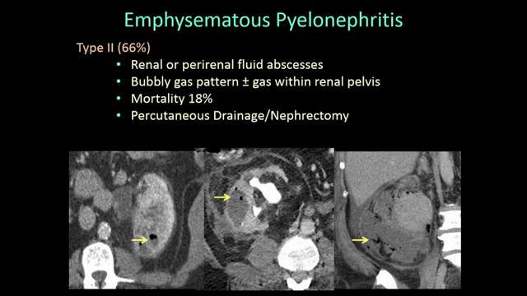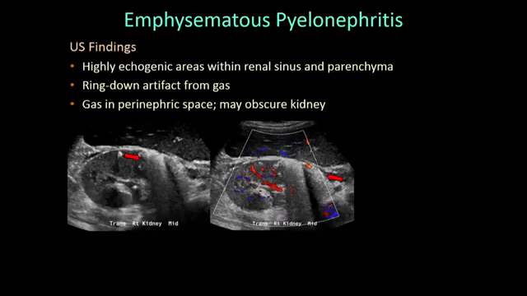But there is another group that can also have gas-forming organisms, and you might think of them as perirenal abscesses or abscesses within the parenchyma. These also are in the setting of diabetic patients, are a type 2 form, and also have a very high mortality rate of 20%. And these also are emergently taken care of by percutaneous drainage or even surgery if they're quite sick.